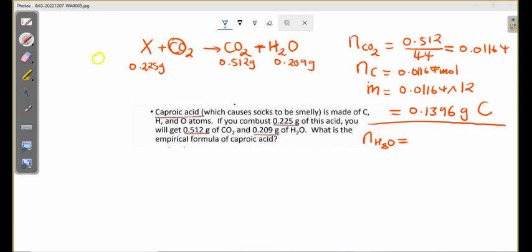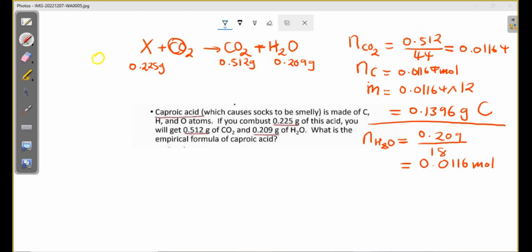So let's divide that. 0.0116. It's the same as the other one. Alright.